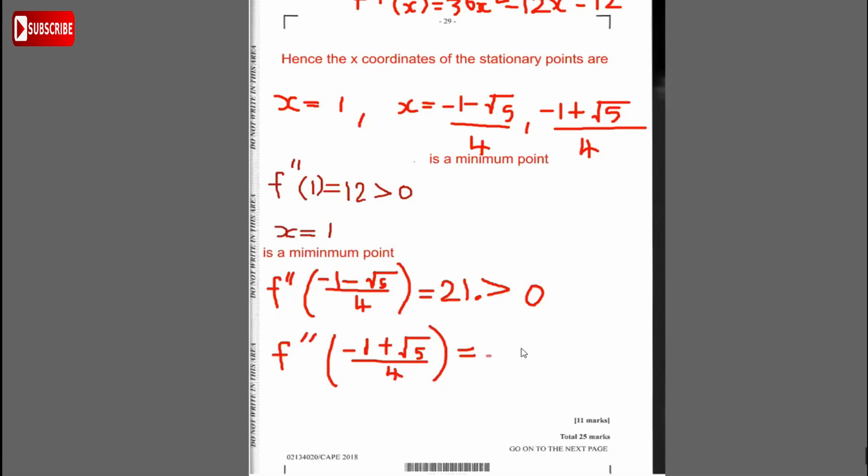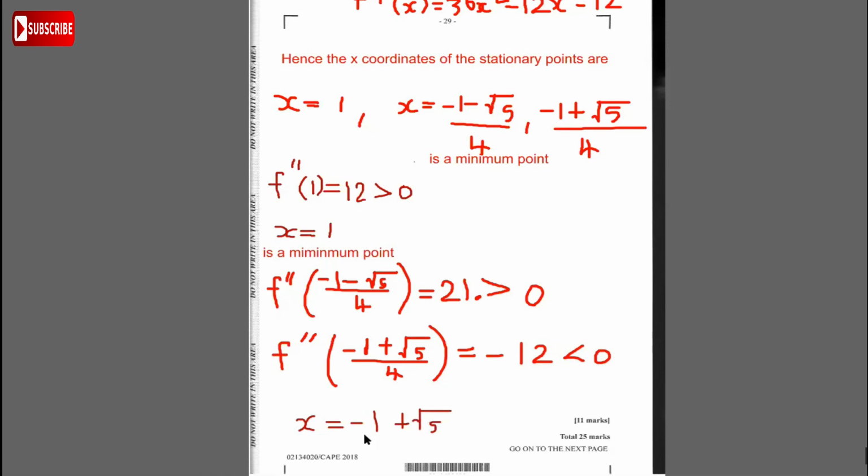So in this case, we get negative 12, which is less than 0. And so this is a maximum point. So x equals minus 1 plus root 5 over 4 is a maximum point.